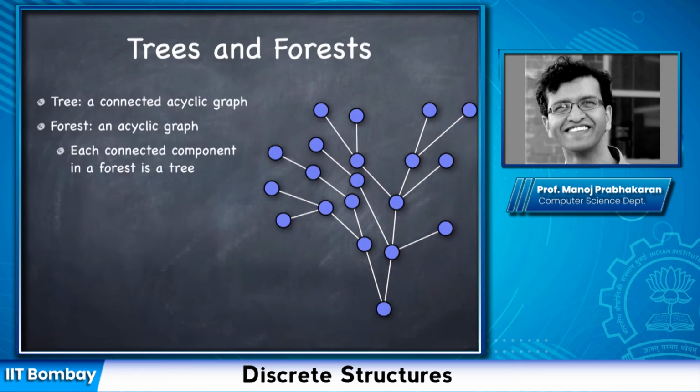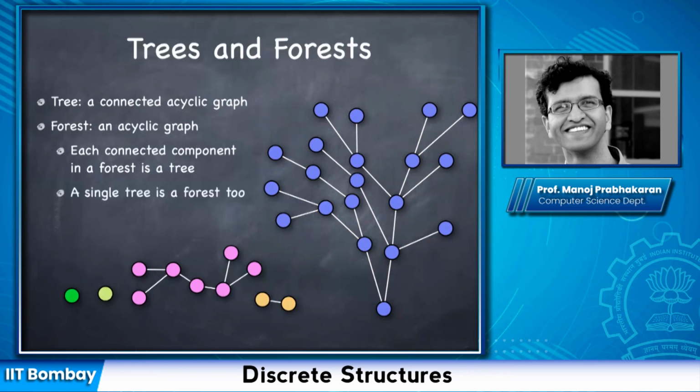So each connected component in a forest would be a tree. Okay, so you could have something like this, right? This whole thing here is a forest with 1, 2, 3, 4, 5 connected components, each of which is a tree. A forest could have a single tree, a single connected component. That could also be a valid forest.